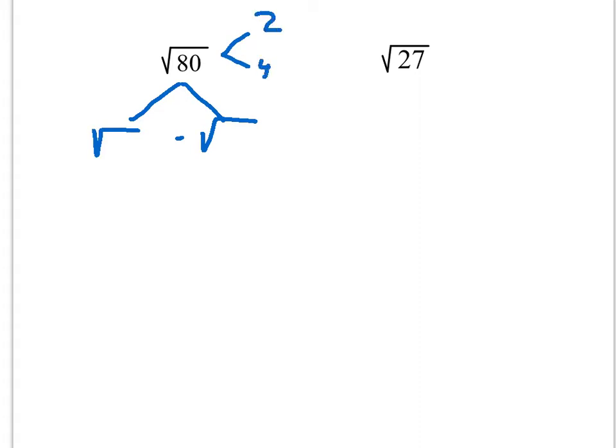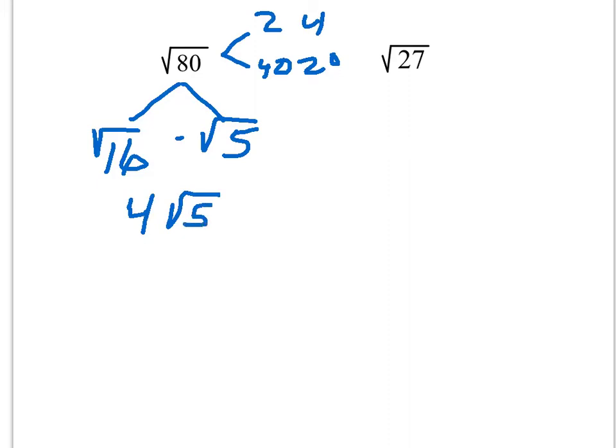So 2 and 40, 4 and 20, and on and on. And you will find that 16 and 5 is the best breakdown you can get. So the square root of 16 is going to be 4. So this breaks down into 4 times the square root of 5. And that's it. That's your answer.